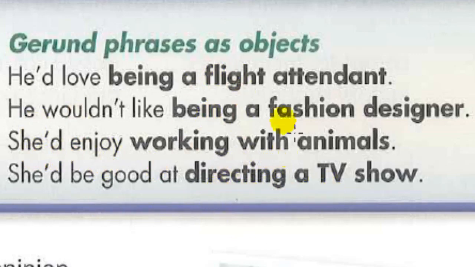So here we have the gerund, verb plus ing. It's a phrase, it doesn't give me a complete meaning, a complete thought. So being a flight attendant is what? Being a fashion designer is what? Working with animals, directing TV show. But here we use them as object because they are at the end. These words are the end of a sentence. Subject, verb, object.